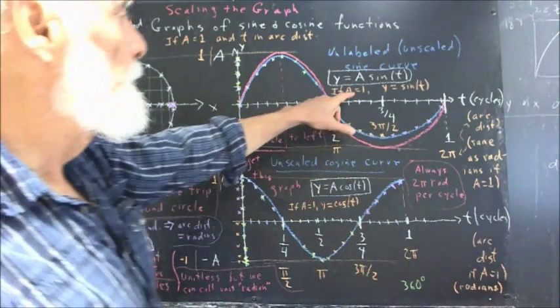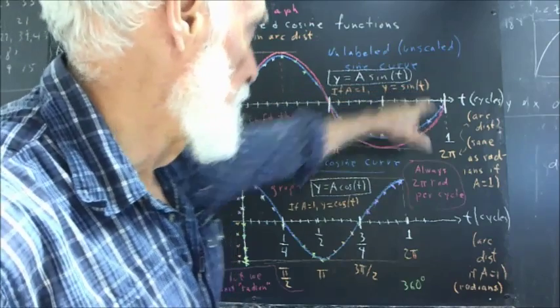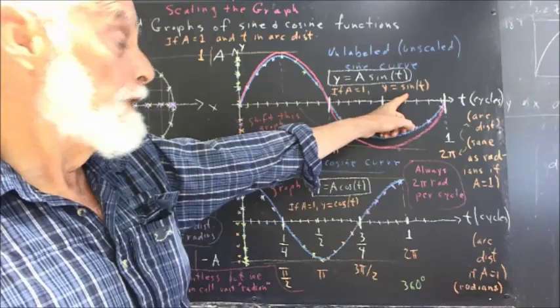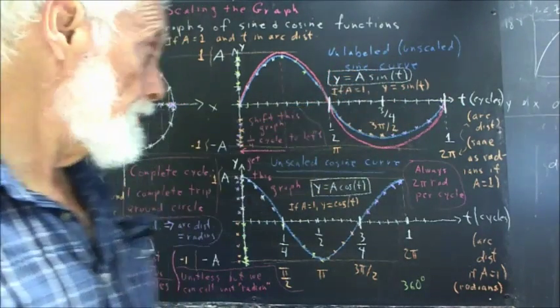If a happens to be 1, of course, then this just becomes y equals sine of t. So here's the definition of the sine of t function, and here is the a sine of t function.